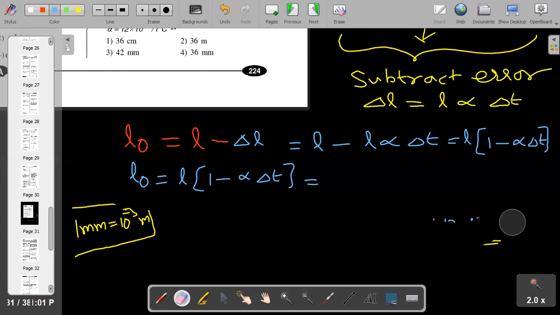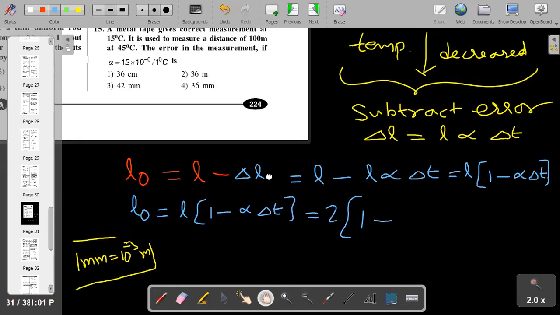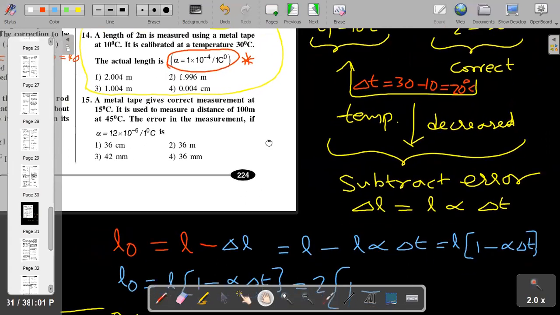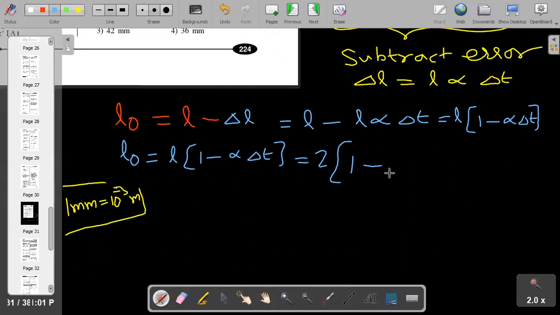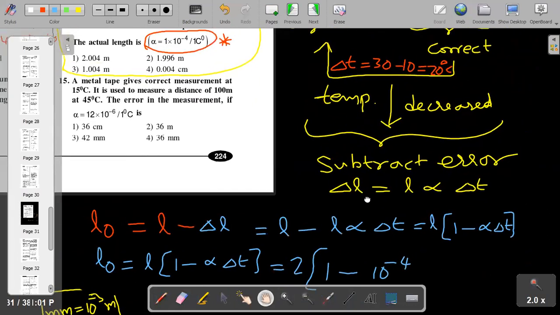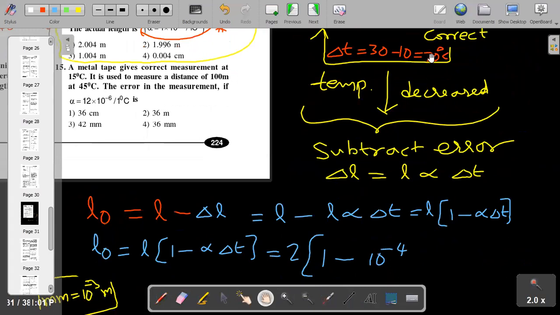So what is the data there? L value is how much? 2. 1 minus, alpha value how much did I tell, beta? 10 power minus 4, right? Delta T is how much, beta? Observe, 20 degrees Celsius, degrees centigrade.